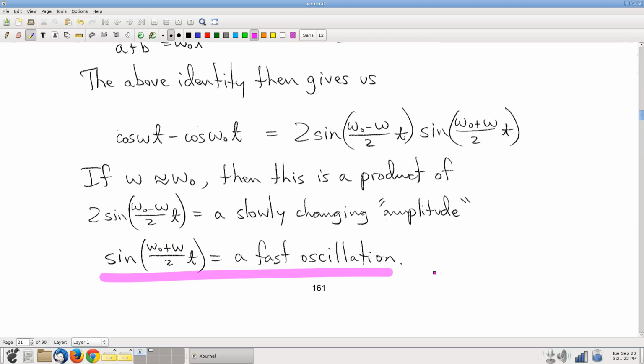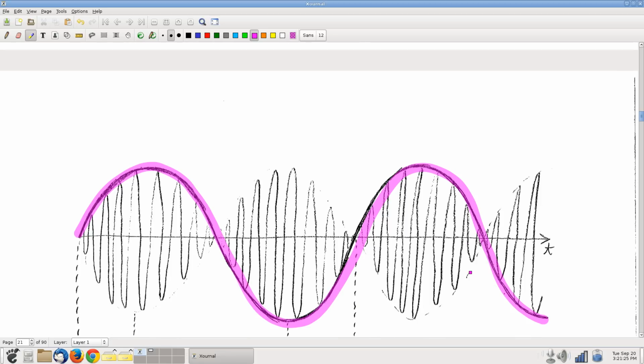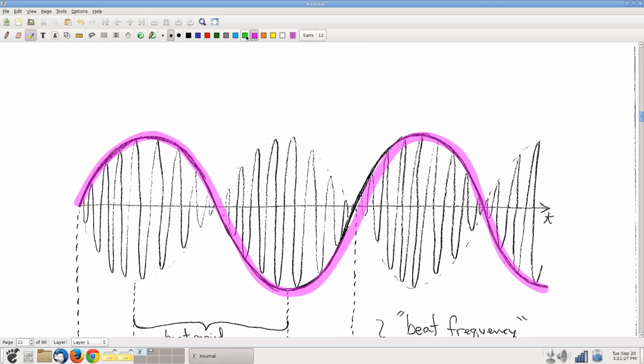The oscillation there, now this is a fast oscillation, like that.